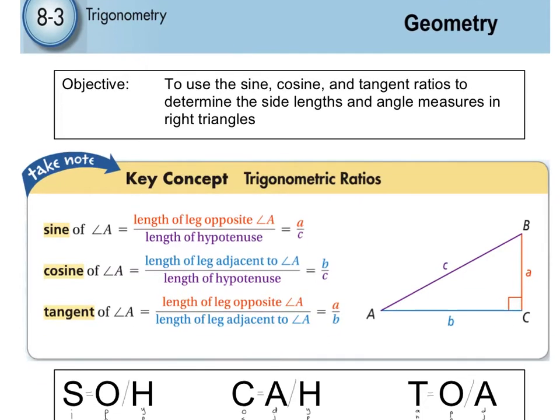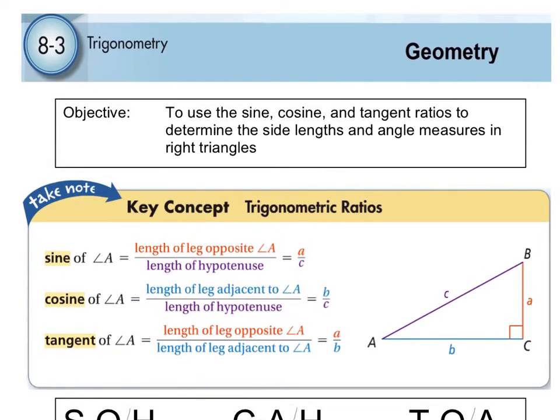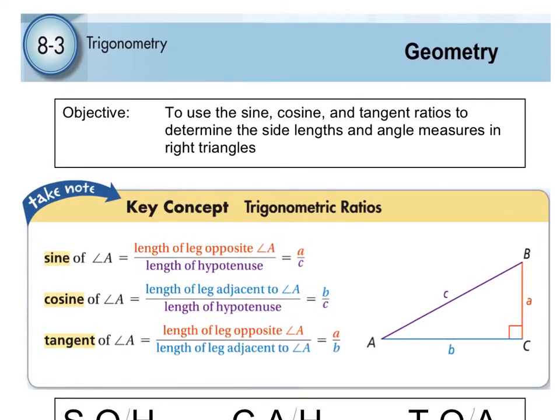As we look at the trigonometric ratios, these are things you're going to have to memorize, and I'll have a little saying in just a bit to help you put these together.